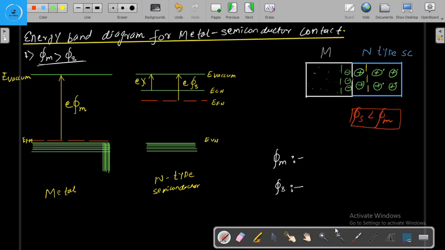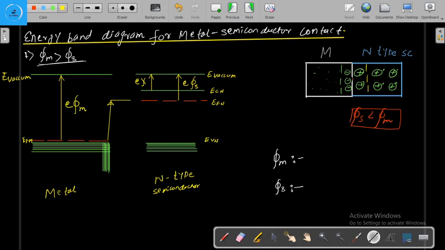Now we have to escape the electron from the metal to the vacuum. Since phi m is greater than phi s, to escape the electron from the metal it requires more and more energy.